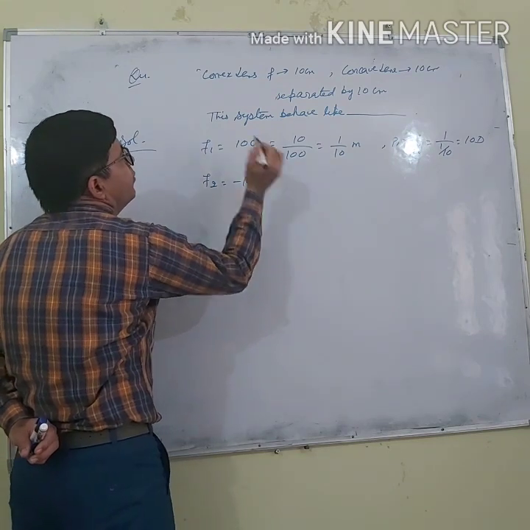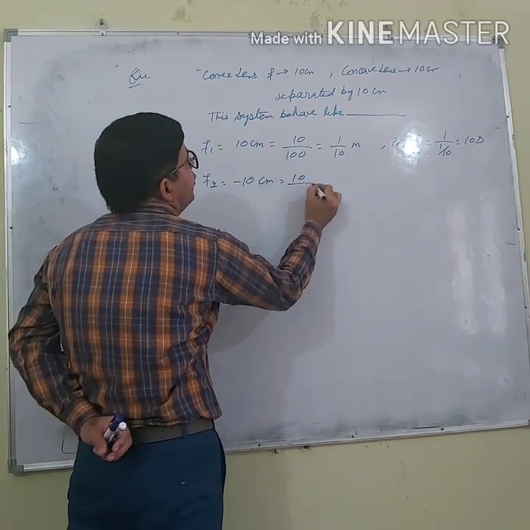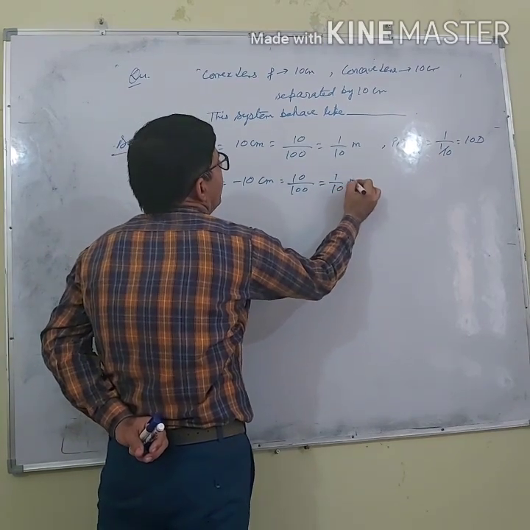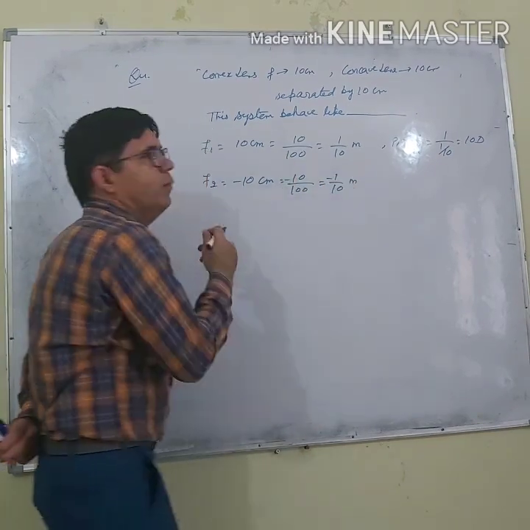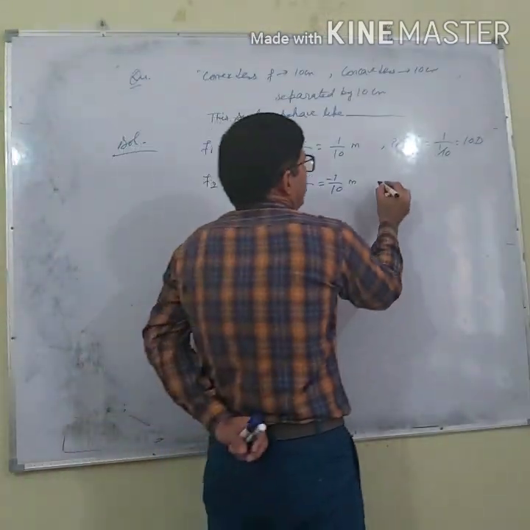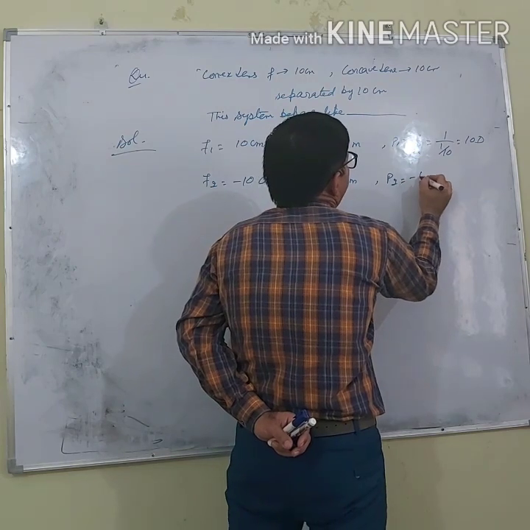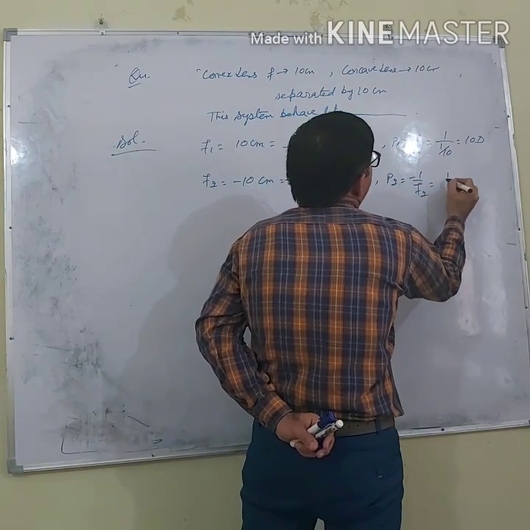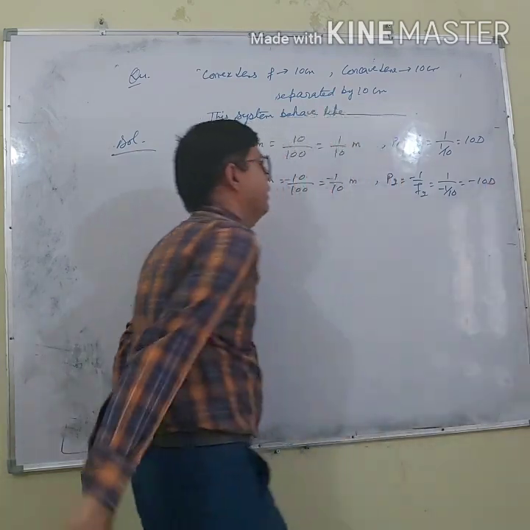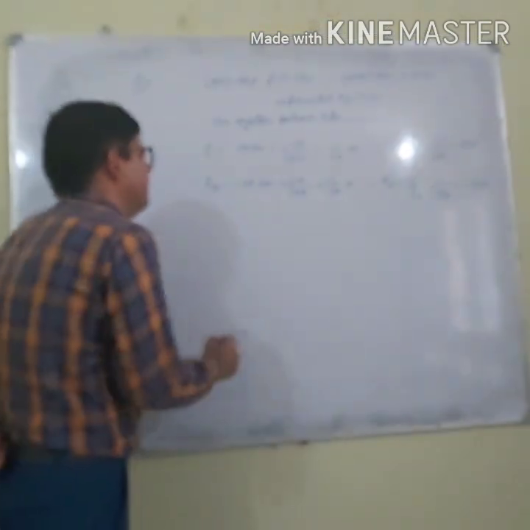Concave means minus 10 centimeter, converted into meter, divided by 100, it will be again 1 by 10 meter with negative sign. Because concave focal length is negative, so its power is also negative. So P2 is 1 over f2, it is 1 over minus 1 by 10, it is minus 10 diopter. Now what is the separation?